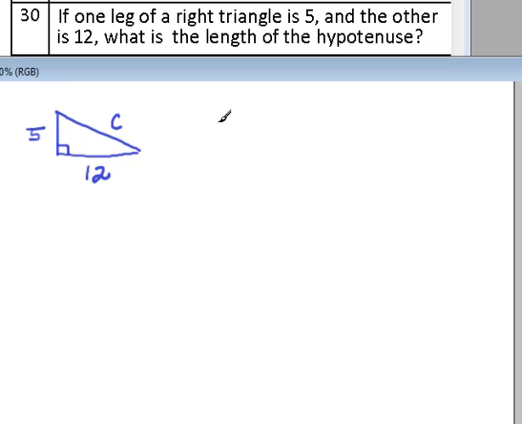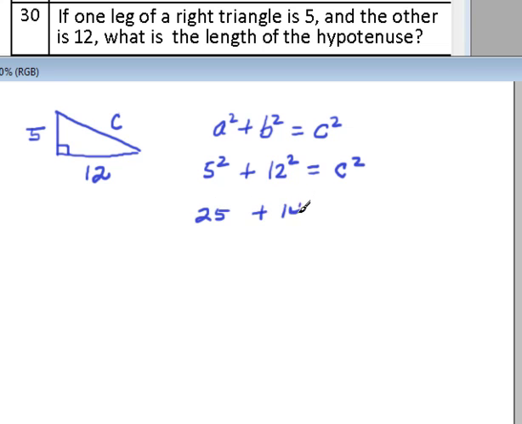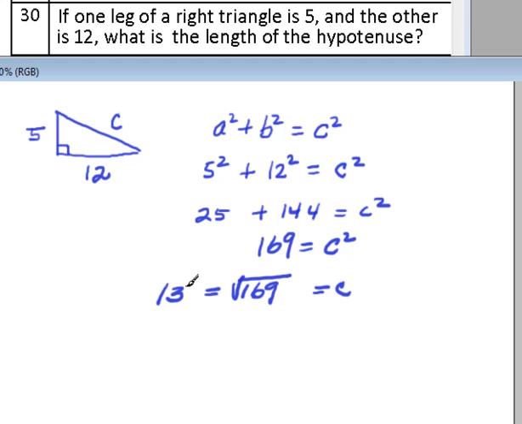We use the Pythagorean theorem, a squared plus b squared equals c squared. So 5 squared plus 12 squared equals c squared. 25 plus 144 is 169, so c squared is 169. So c is the square root of 169, which is 13.